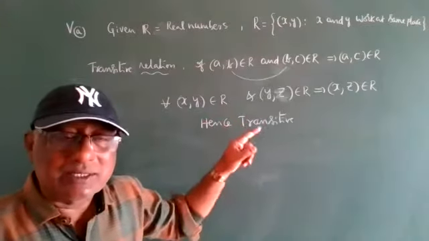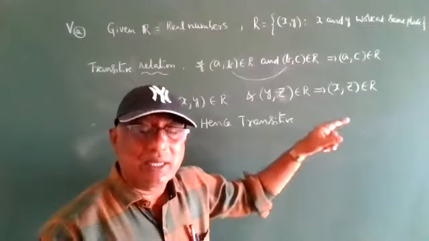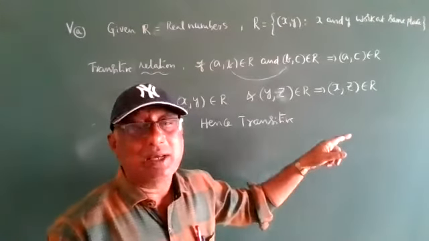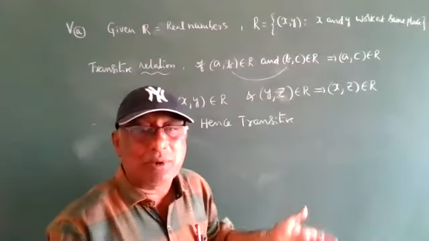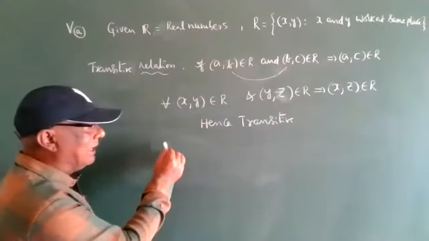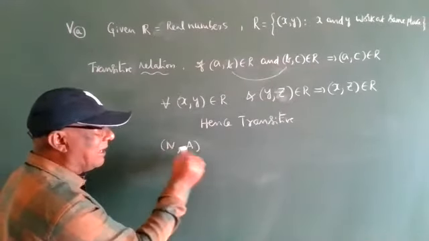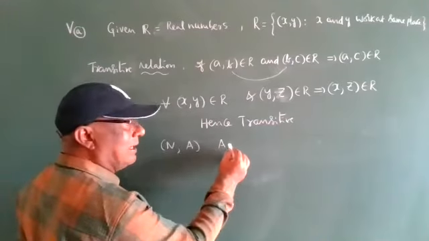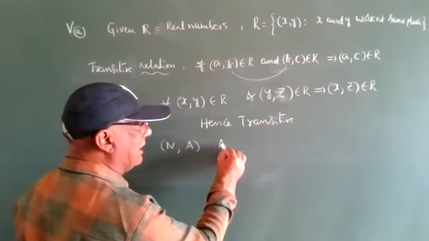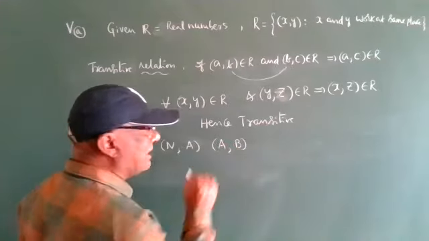So Rama and Krishna sit in the class. Krishna and another person C sit in the same class; another class is not possible now. For example, Nichal and Abhay sit in the same class, and Abhay and some other person, Baswaraj, sit in the same class.